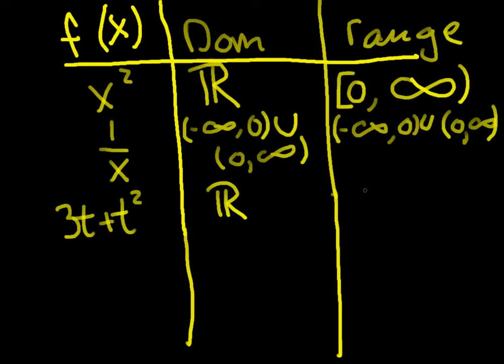Okay, assuming that you have paused, you would find out that the lowest this function can get is negative 9 over 4, and it can go all the way up to infinity. Again, we'll develop some tools in calculus to figure this out, but you actually had the ability already.